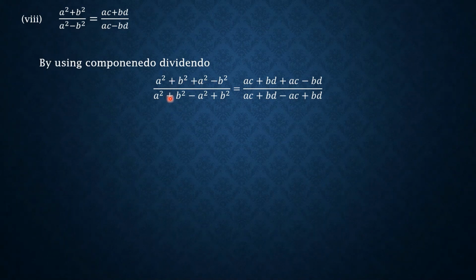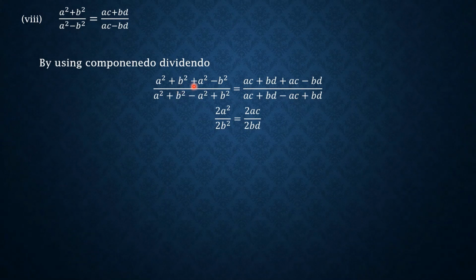Now in the denominator we will write numerator minus denominator, which can be written as a square plus b square minus a square, and minus into minus b square will give us plus b square. Now on the right side we have numerator plus denominator as ac plus bd plus ac minus bd, and in the denominator we will write ac plus bd, this is the numerator of this fraction, minus denominator, which will be minus ac, and minus into minus bd will become plus bd.